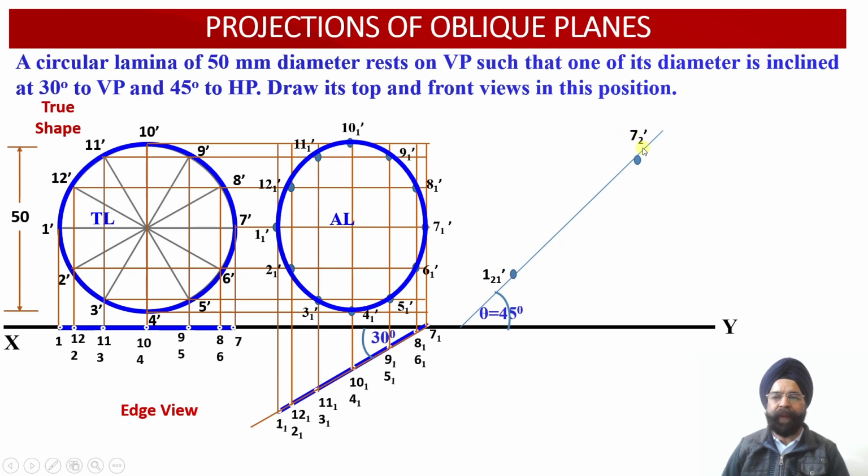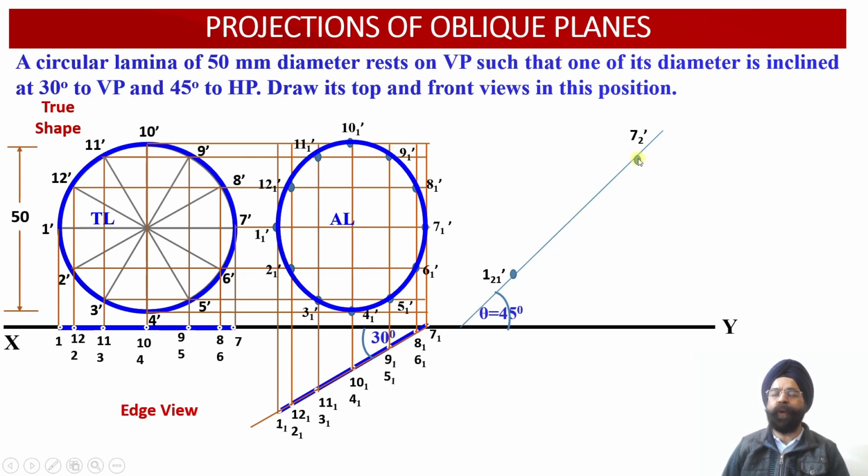One point we label as 7 2 dash, another as 1 2 1 dash, because a true length always has an additional suffix. So this is the true length of the diagonal 1 7, represented in the front view projection as 1 2 1 dash and 7 2 dash.